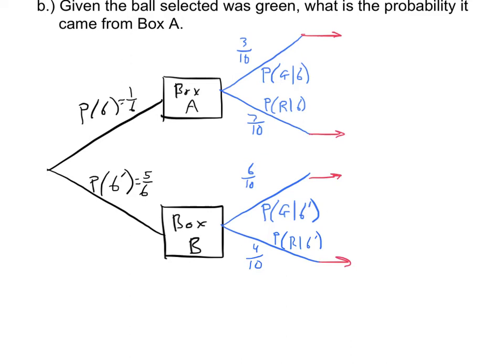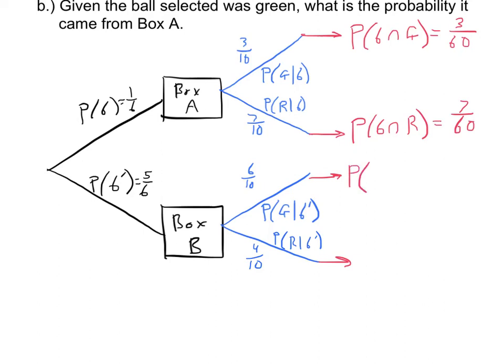So up here at the very top, we have the probability of what? Of getting 6 and green. And that probability is 3 over 60. And I'm not going to simplify, I'm just going to leave it like that for ease of canceling later. This one here is the probability of 6 and red, which is 7 out of 60. Down here, we have the probability of, and actually, pause the video, make sure you can do this on your own.